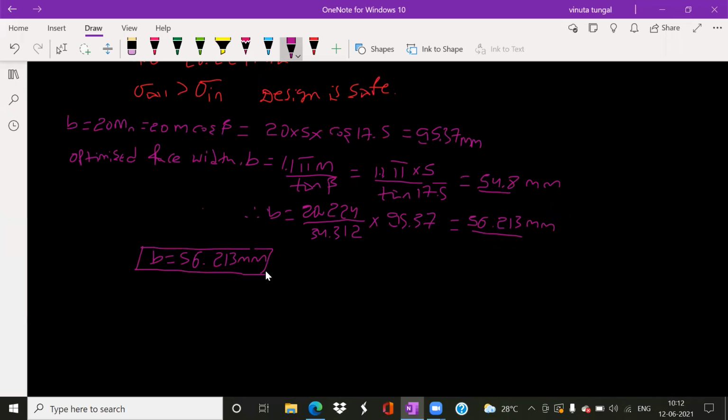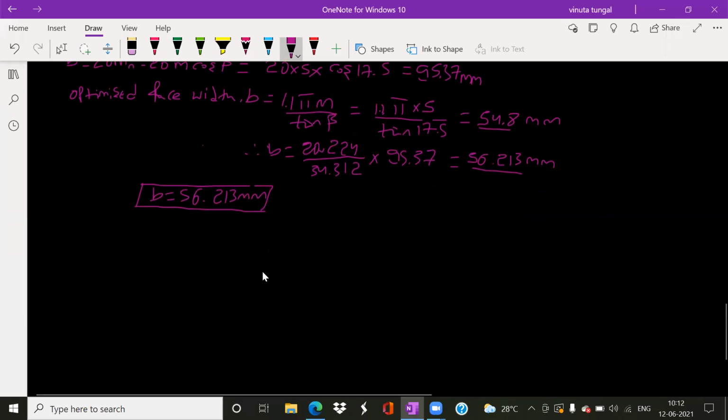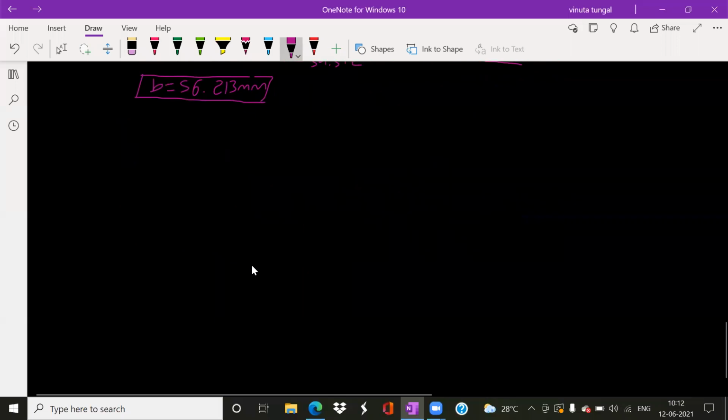After finding the face width, what do you need to calculate next? You need to calculate the dynamic load, denoted by FD.